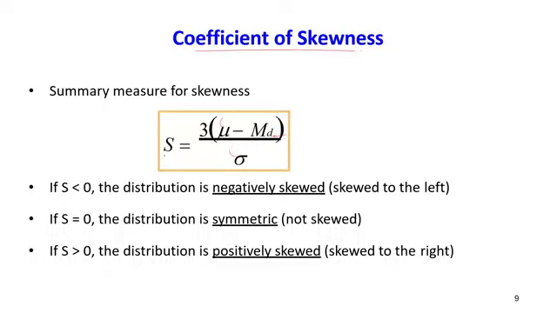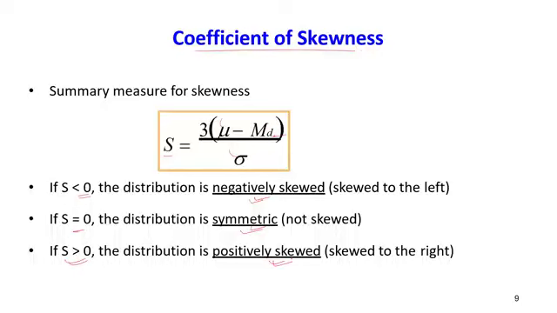If your skewness is less than 0, then your distribution is considered negatively skewed. If it is 0, then it is perfectly symmetric and you can consider that the distribution is normally distributed. If it is greater than 0, then it is positively skewed, or right skewed. Less than 0, negatively skewed or skewed towards the left.